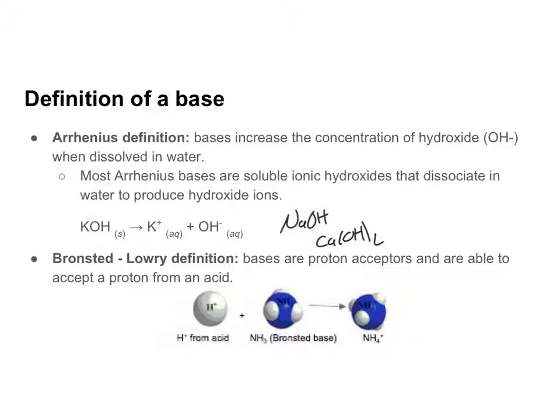So in the case of the example below, I have NH3, which is known as ammonia, and NH3 will accept a hydrogen or a proton and become the NH4+ polyatomic ion, which you are aware of as the ammonium ion.